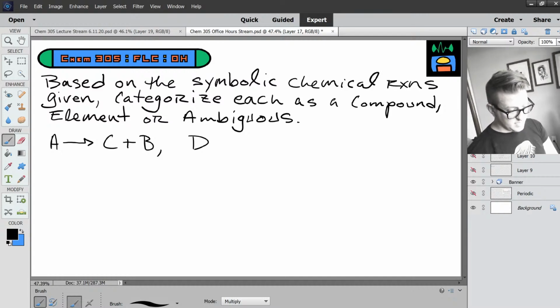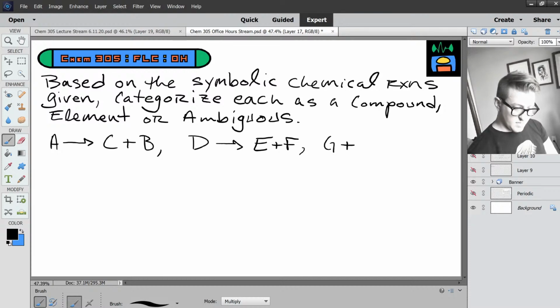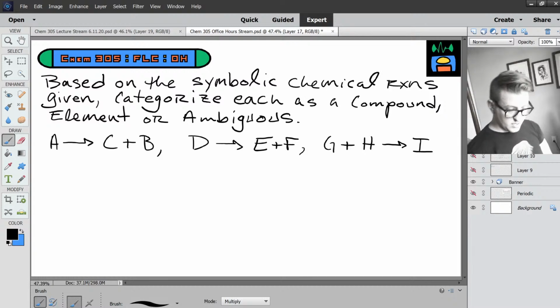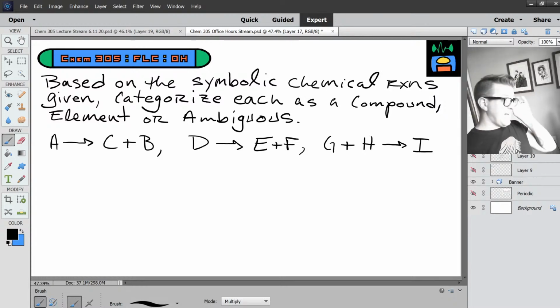D is going to E plus F, and G plus H goes to I.